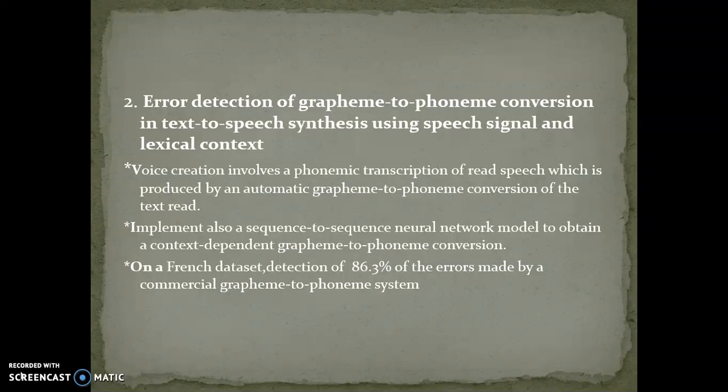This paper gives voice creation involving a phonetic transcription of read speech, produced by an automatic grapheme and phonemic conversion of the text read. It also implements a sequence-to-sequence neural network model, which is a machine learning algorithm, to obtain a context-dependent grapheme and phonetic conversion. On a French dataset, it detected about 86.3% of the errors made by the commercial systems.